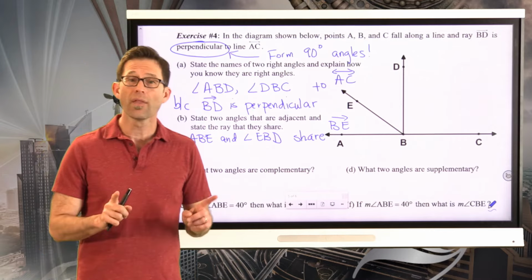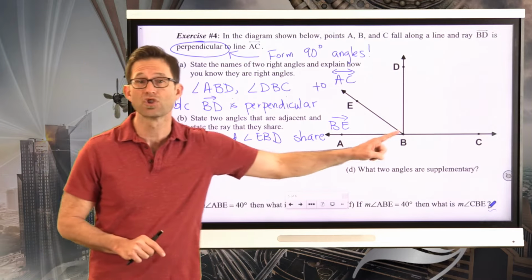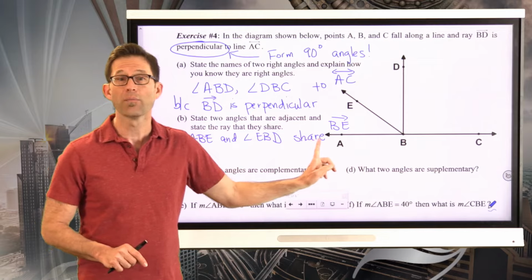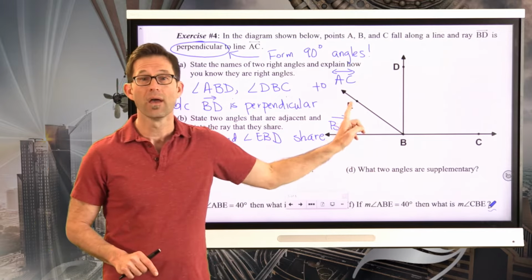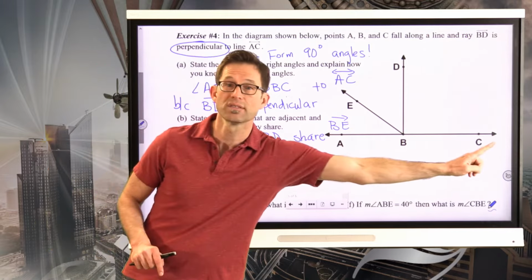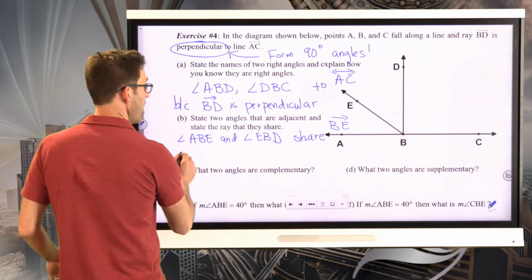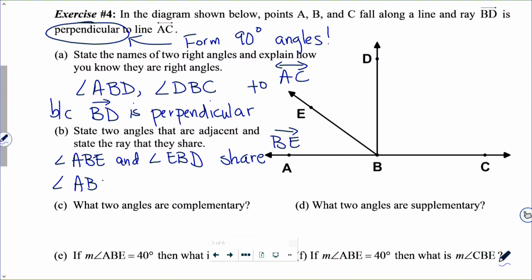By the way, there's another pair of adjacent angles that share ray BE, and that would be ABE and EBC. So angle ABE and angle EBC, and they also share ray BE.